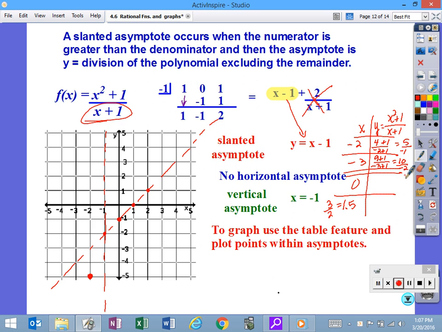Again, we get -3, -5. So in this case, we may pick a point between -2 and -3, or since you know it has to hug the asymptotes, you can come through there as close as you can to it.